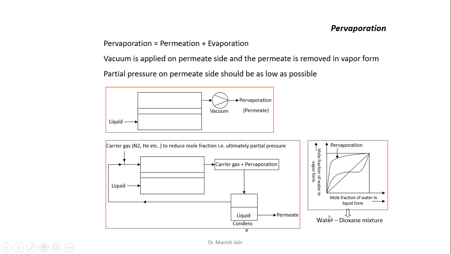If the membrane has a higher affinity towards water, then the water will selectively diffuse across the membrane and can then be easily vaporized. So you can easily shift the equilibrium in the pervaporation process. In distillation you have this equilibrium graph, and in pervaporation you have this equilibrium graph.